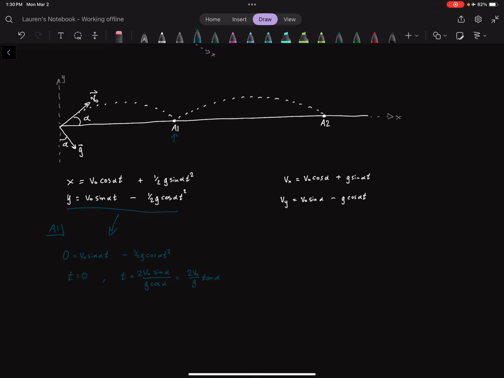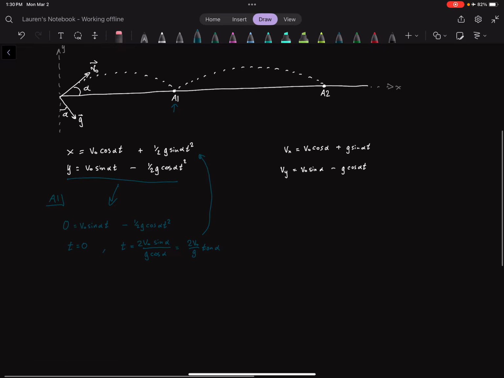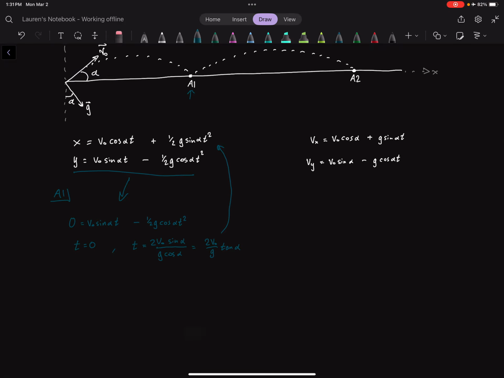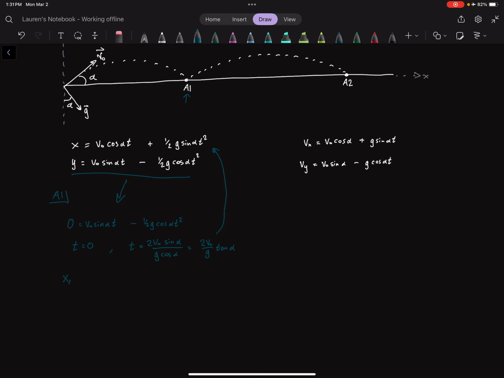So now we take that t and we plug it in for both the locations in the x position equation. So x at point A1 specifically, because this is t at point A1, and well, that's the origin. So this is t at point A1 right here. Let me write that better.